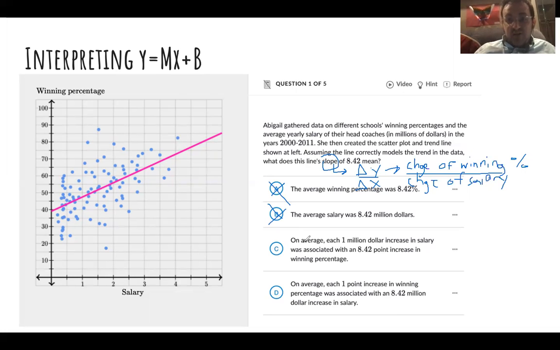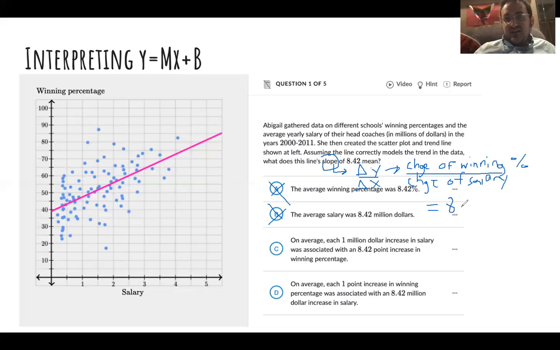C says on average, each $1 million increase in salary was associated with an 8.42 point increase in winning percentage. Versus on average, each 1 point increase in winning percentage is associated with an $8.42 million increase in salary.